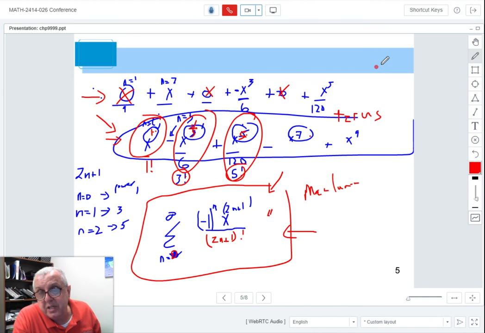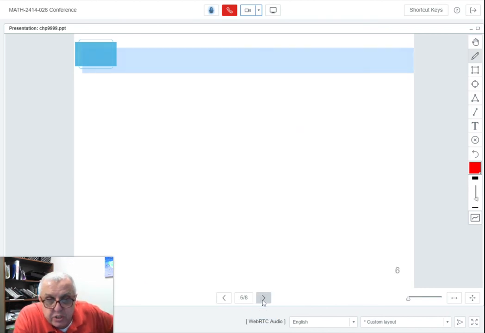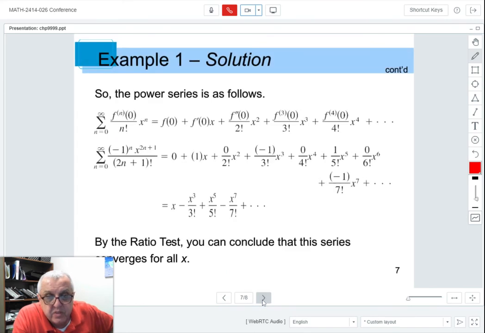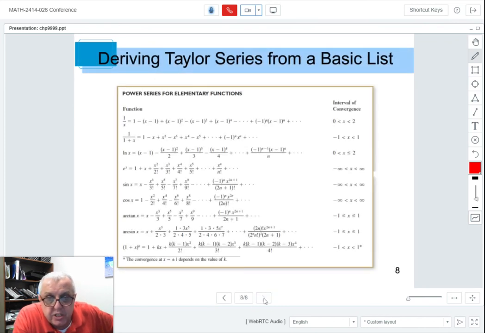All right, well, I hope that Maclaurin series helps out. I do want to show you, they just show the power series that we just did here. They just went through the problem and said by the ratio test, you conclude this series converges. But I did want to show this from the book. It shows the elementary functions and what their power series look like.